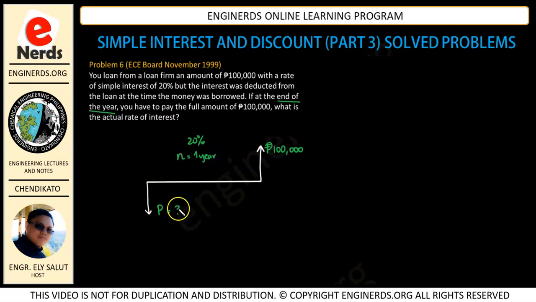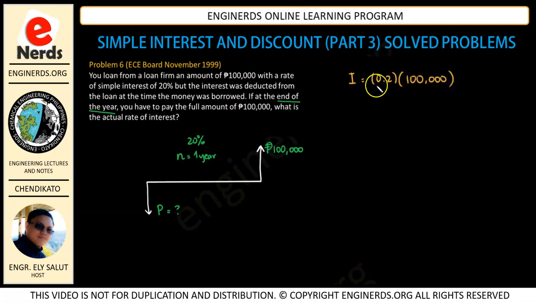Okay, so tignan muna natin kung magkano yung na-receive mo na pera when you borrowed the money. So, tandaan natin, 20% ang ating simple interest rate, and that 20% will be deducted dito sa ating hinihiram na pera. At yun ang matatanggap mo dito. So, that means our I is equal to 20% or 0.2 of yung money na hinihiram mo, which is 100,000 pesos.